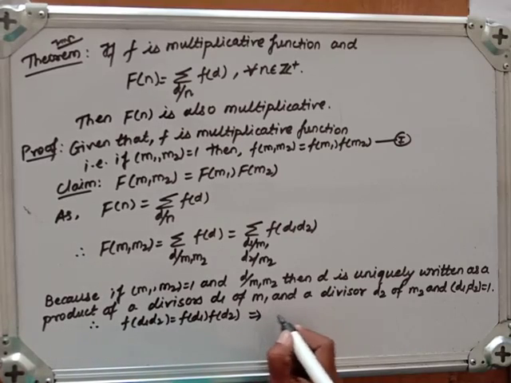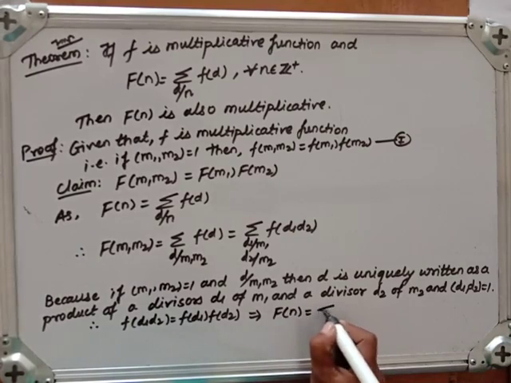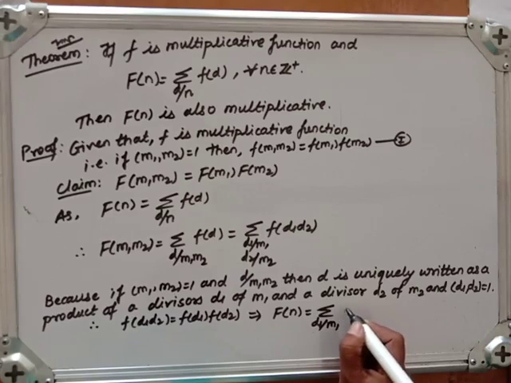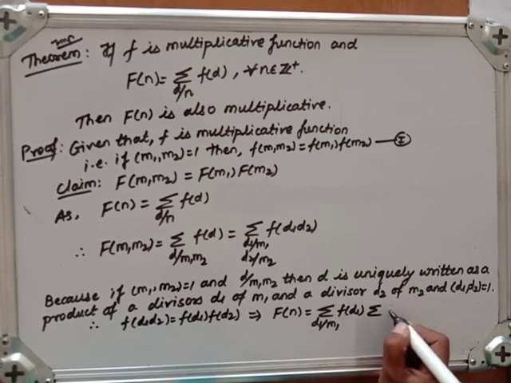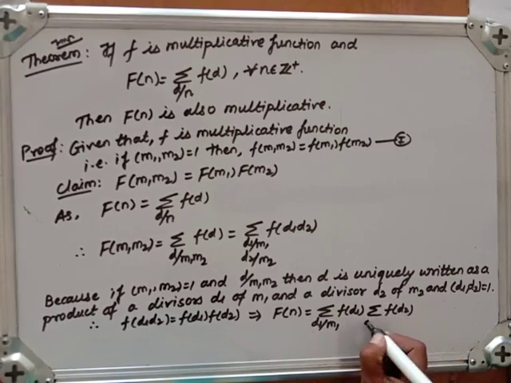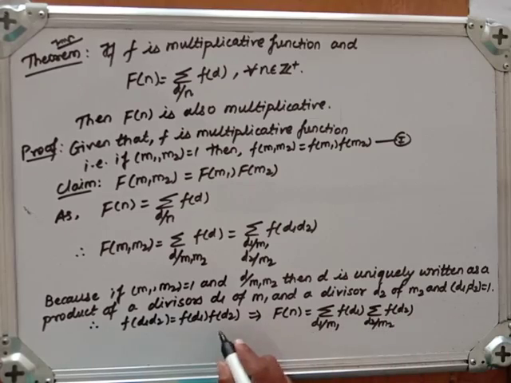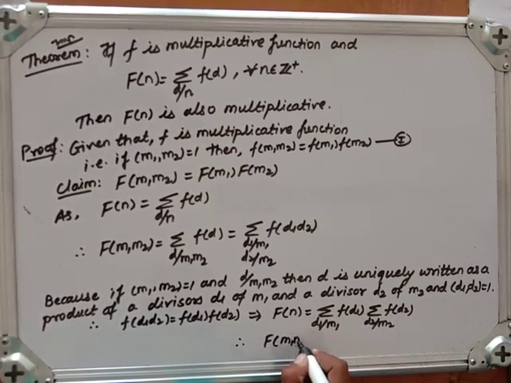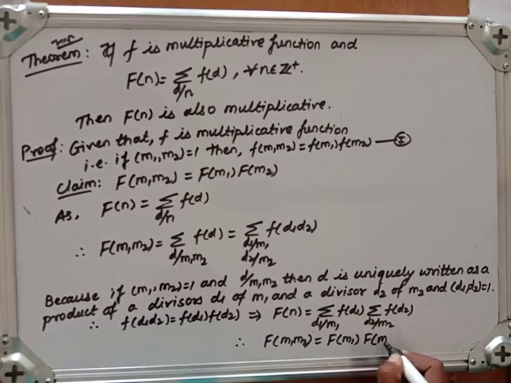So this gives capital F of n is equal to summation over d1 dividing m1 of f of d1, and summation over d2 dividing m2 of f of d2. It can be written like this due to this. So therefore we get capital F of m1 m2 is equal to capital F of m1 into capital F of m2.